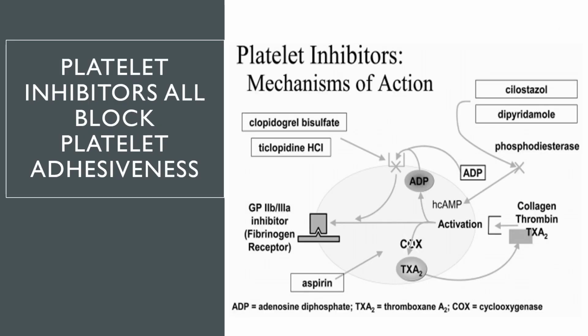Okay, so onward we go. This is just again reminding you that the platelet, that circle in the middle, is specifically affected by different drugs in different areas. So what are the important ones? Aspirin is a platelet inhibitor. Clopidogrel is a platelet inhibitor at a different site.